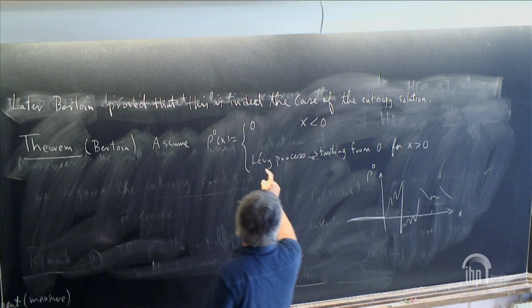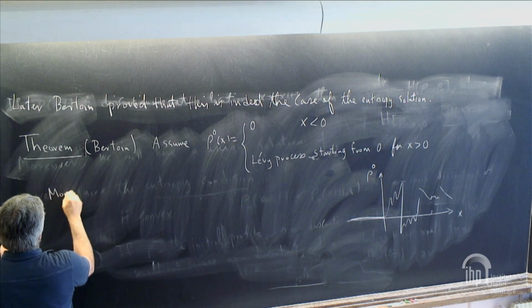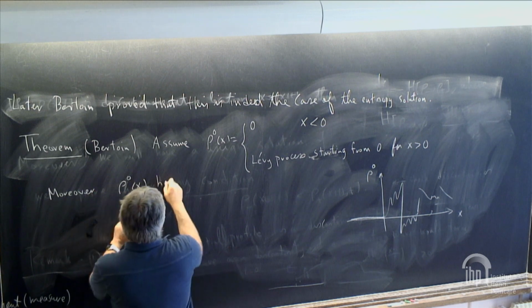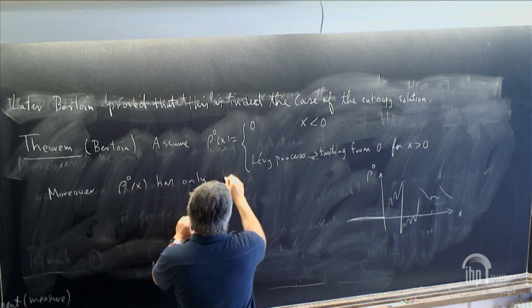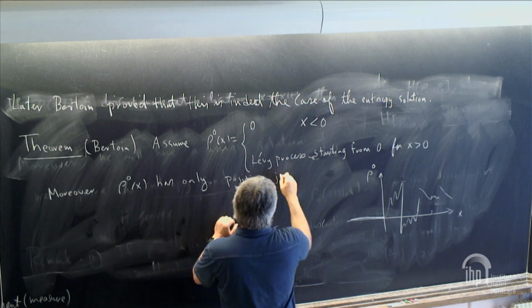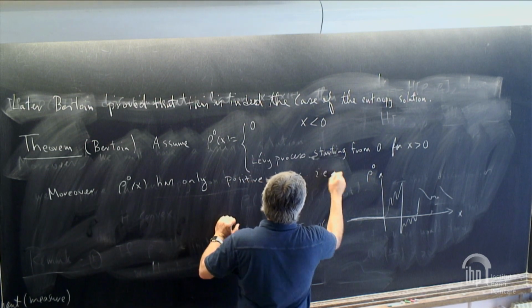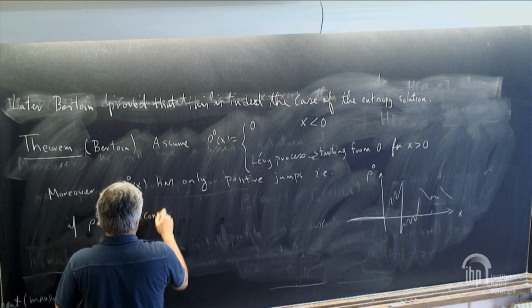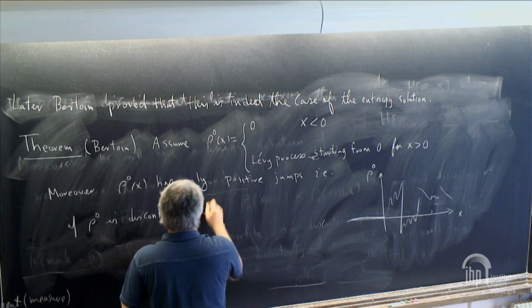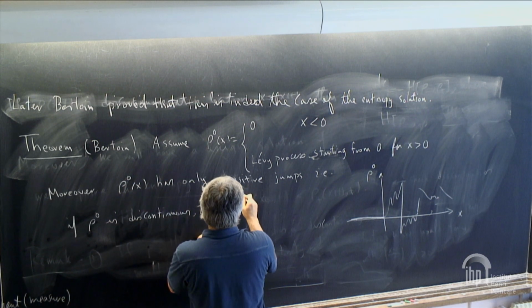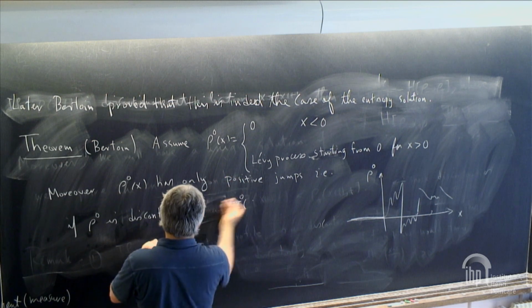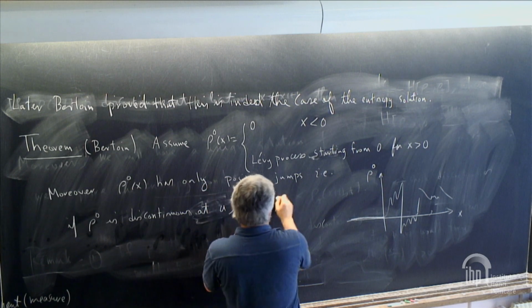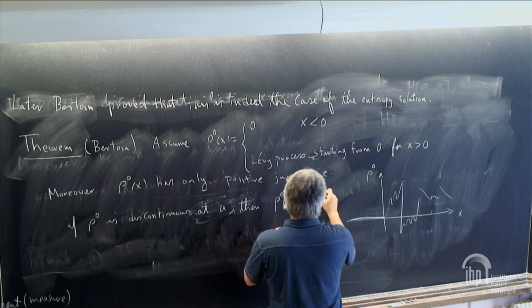So I'm going to assume that, moreover, rho 0 of x has only the so-called positive jumps, i.e., if rho 0 is discontinuous at some point a, then rho 0 of a minus is strictly less than rho 0 of a plus.